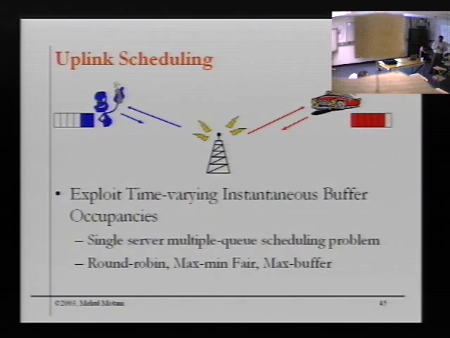Actually, most people are doing a lot of scheduling schemes, such as maximum largest weighted delay first, or the alpha rule, or the exponential rule. All those scheduling schemes are trying to combine the queuing process with the channel process.